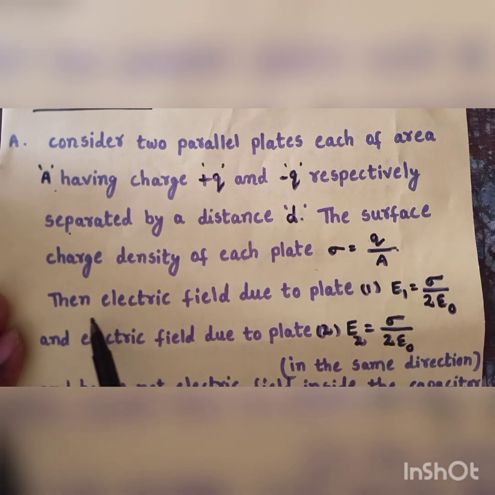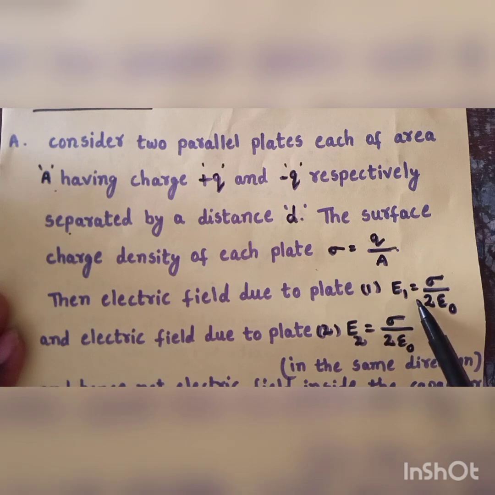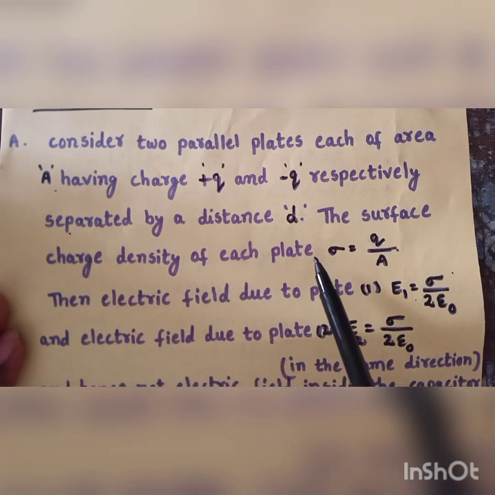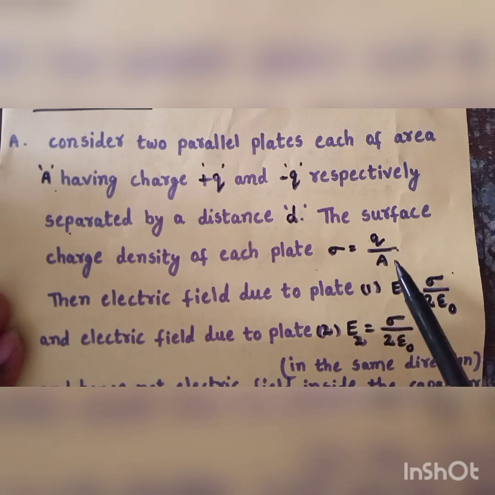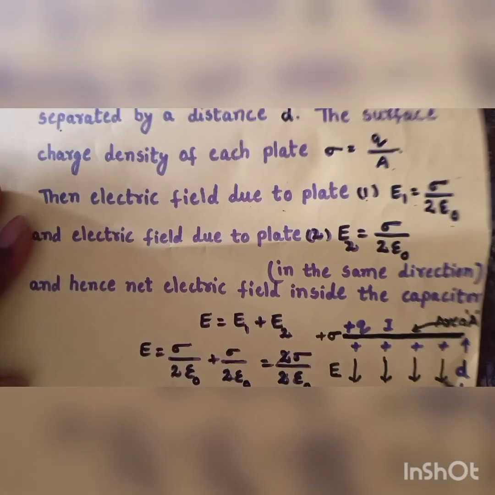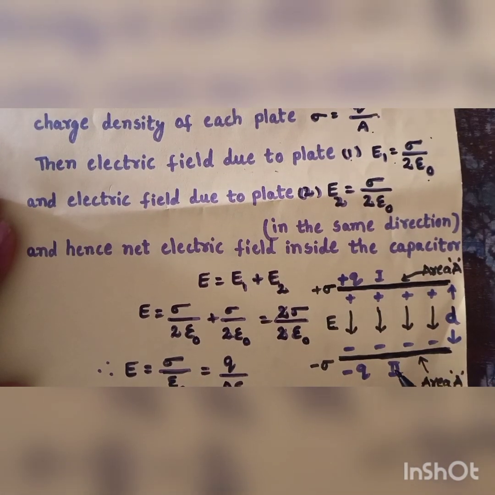Now you can take the electric field due to plate 1, that is E1. E1 is equal to sigma by 2 epsilon naught. Here the surface charge density of each plate is sigma equal to q by A. Plate 1 and plate 2 have the same electric field.